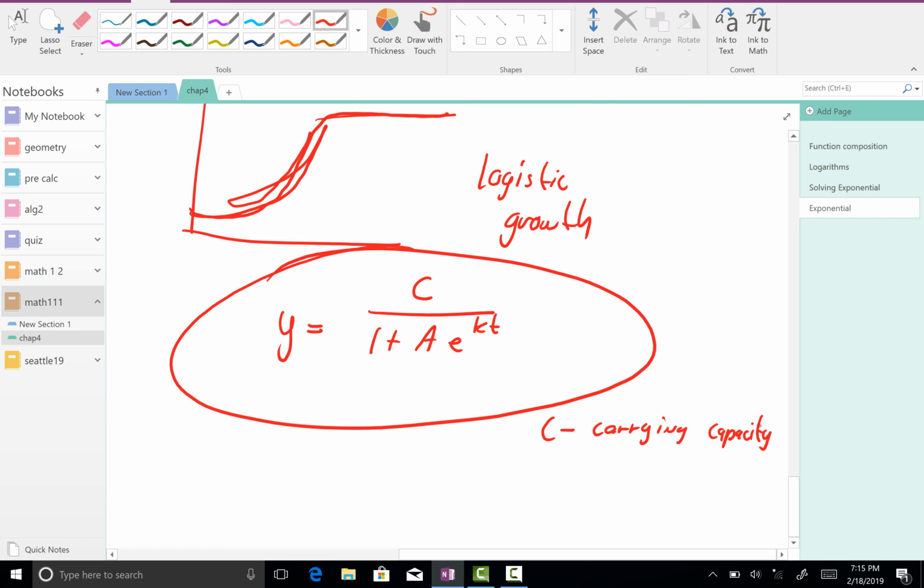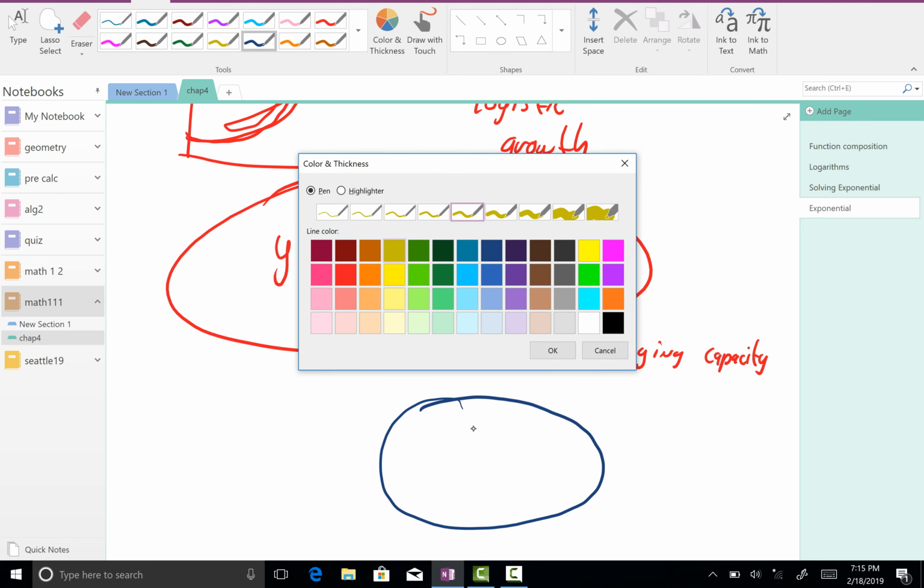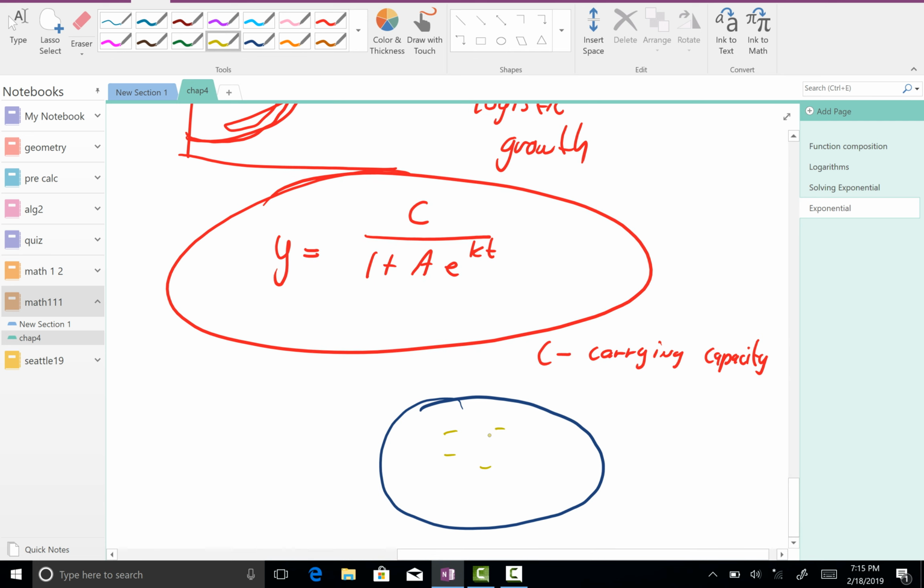What I really wanted to do with your project activity was something with this, but I had a tough time trying to find a simulation that would show it. But think about a pond with goldfish, and they're going to keep growing and growing until at some point the pond's going to be filled.